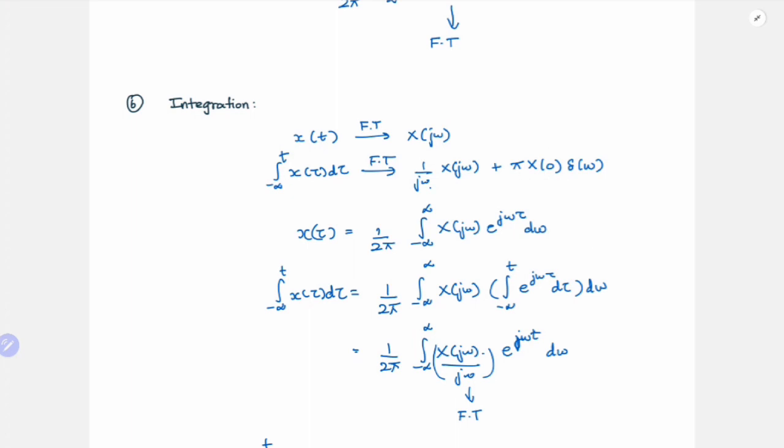So this is actually coming because this integral is not a simple integral, but a complex integral. You can see it is e power j omega tau. So if you know the theory of complex numbers, you can actually try to do this integral and you will get this extra term also, pi delta of omega. So that is where this is coming from.